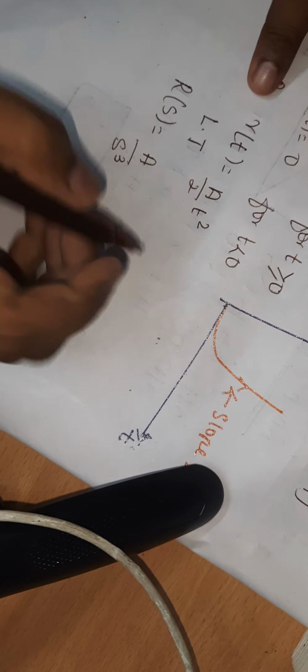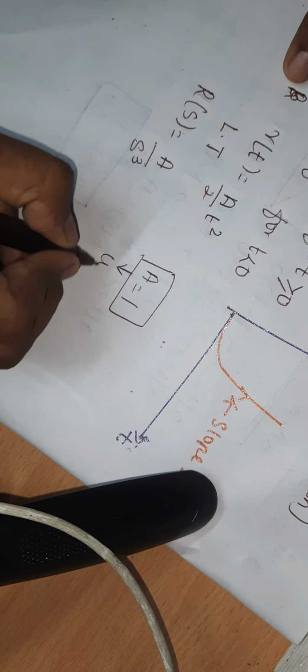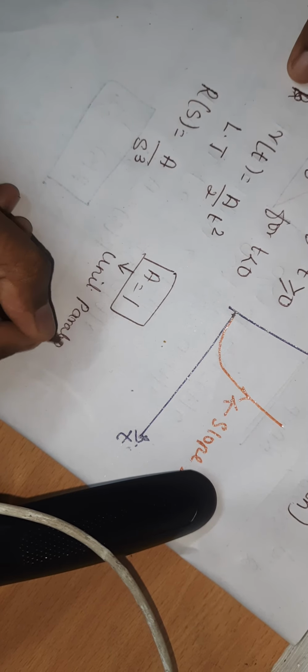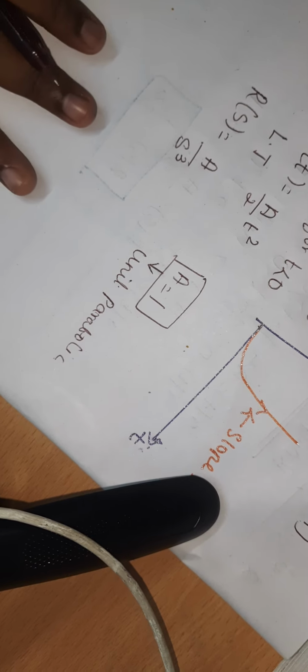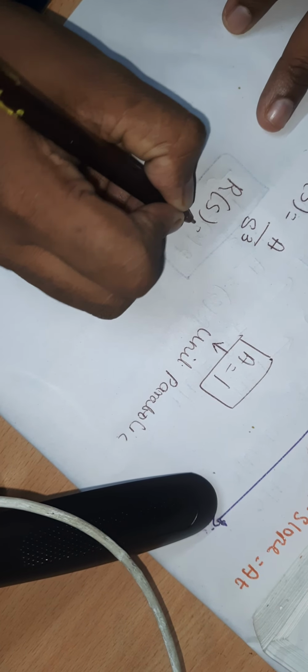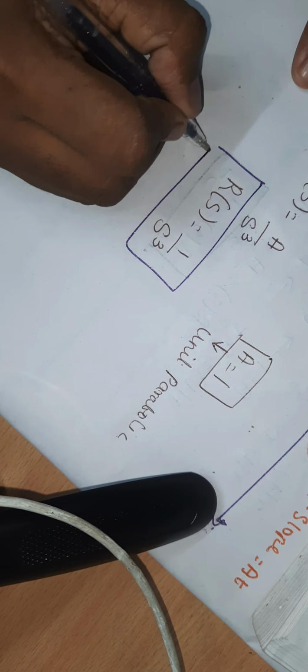If A is equal to 1, we call it the unit parabolic input. Then R of s is equal to 1 by s cube. This is for a unit parabolic.